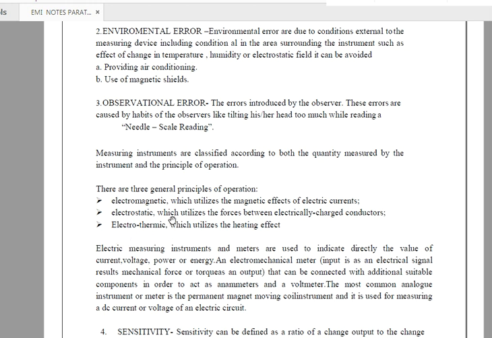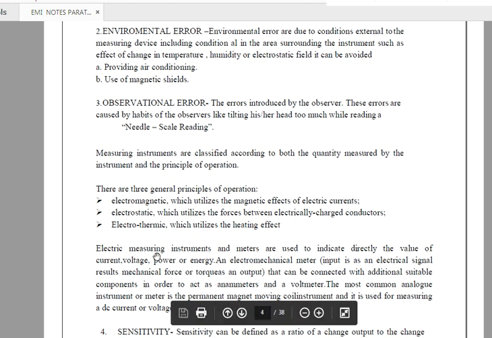In the electromagnetic principle, we utilize the magnetic effect of electric current. In the electrostatic principle, we utilize the forces between electrically charged conductors. And electrothermic utilizes the heating effect for the measurement of electrical quantities.